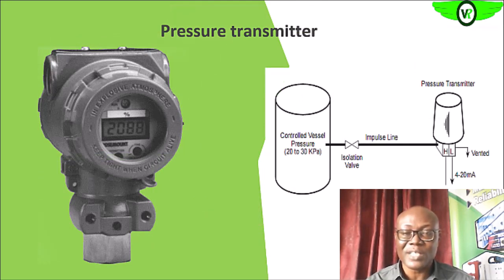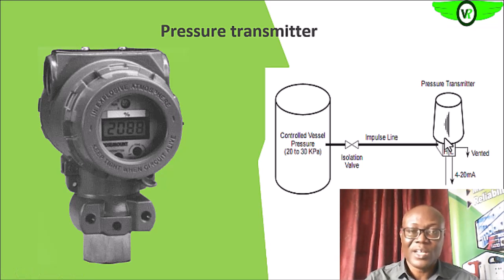The pressure transmitters, what they do is that they receive signals from the sensor that is on the line. See, this is an impulse line. The sensor is here. The transmitter receives the signal from the sensor, and then it amplifies it. Are we getting it?